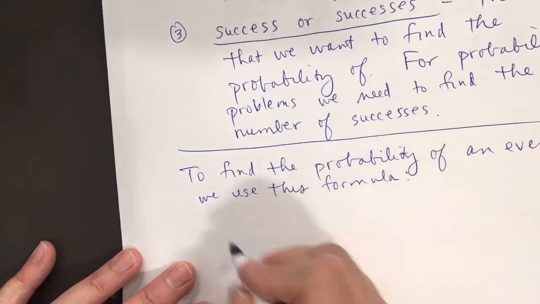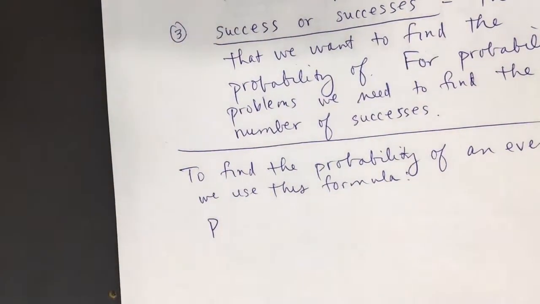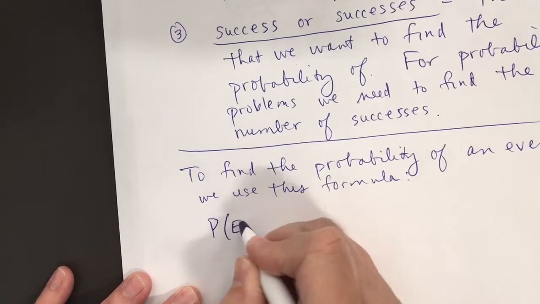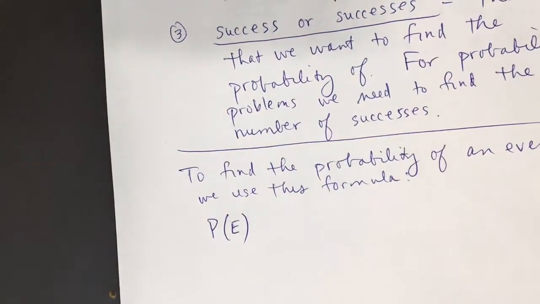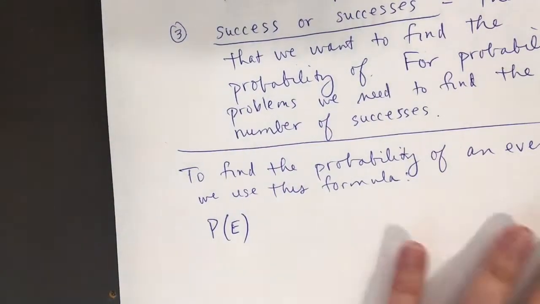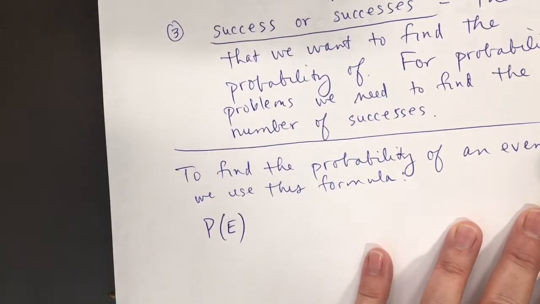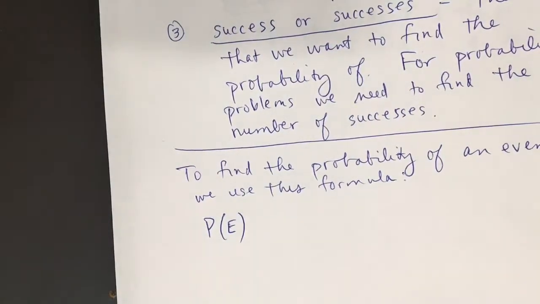And they'll write it like this: capital P for probability, then they'll put parentheses E. E is the event. And here I'll squeeze in the capital letter E. To find the probability of an event E, we use this formula.